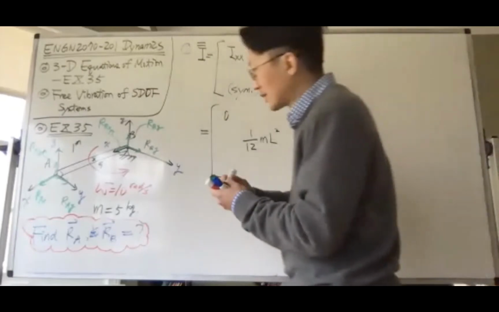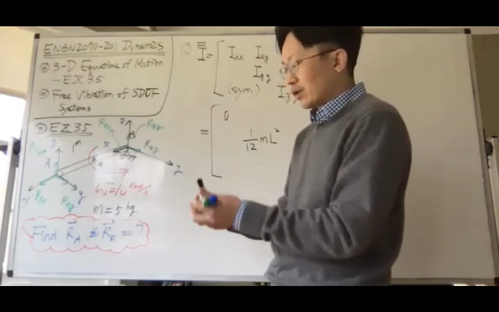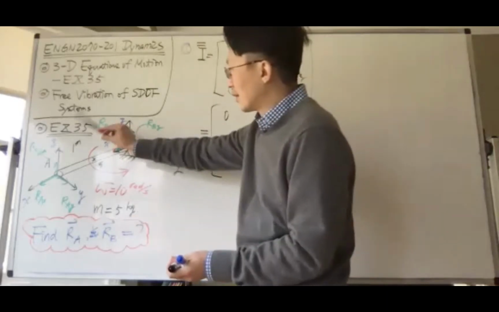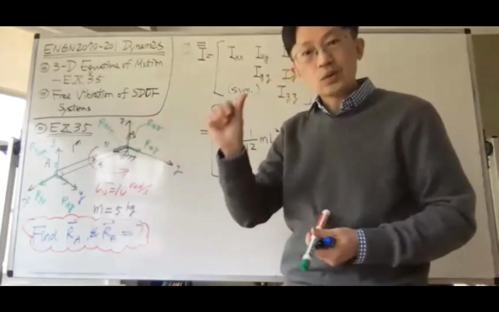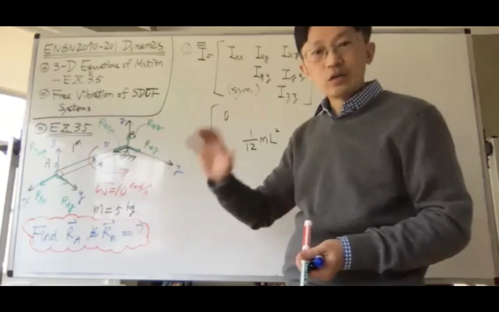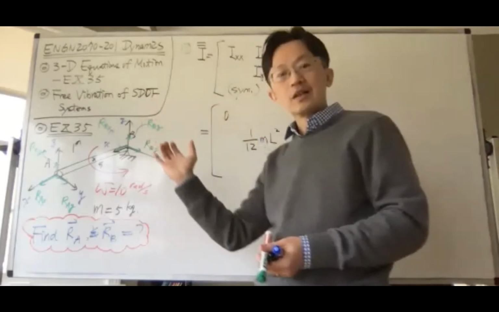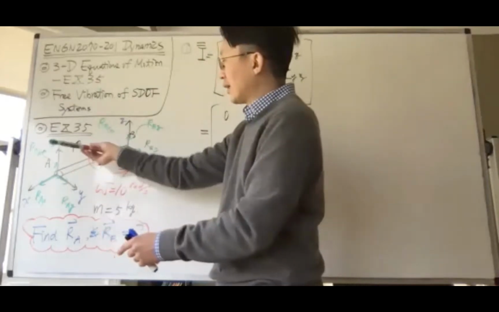Think about that. What's IYY? IYY means I want to spin the bar with respect to the y axis. Remember, use your thumb to define the direction of rotation, and use your 4 fingers to define the orientation of this rotation. So this is IYY, and IZZ is like this.